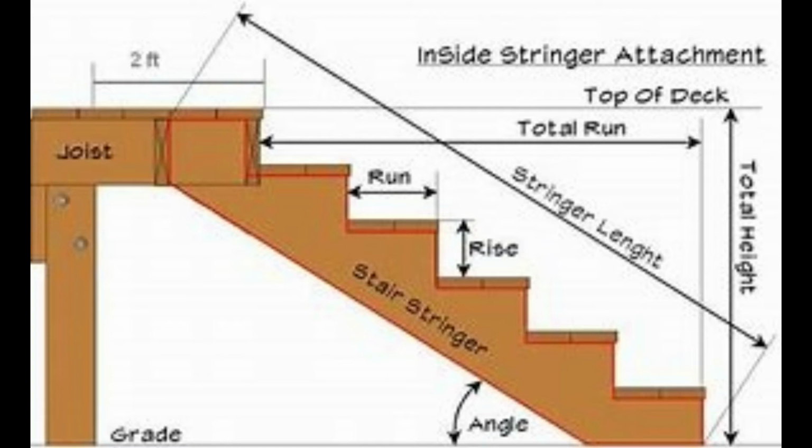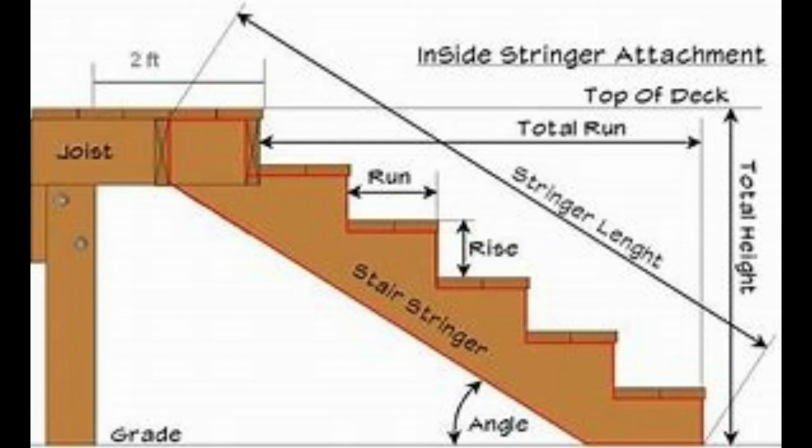The first calculation is the total rise. This is the height of the opening where the stairs is being built. You need to measure from the lower floor to the upper floor of this opening.